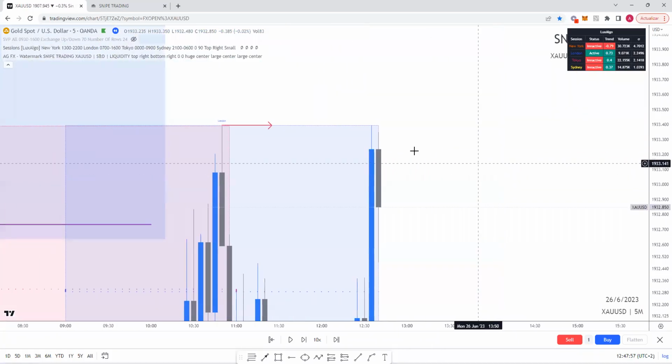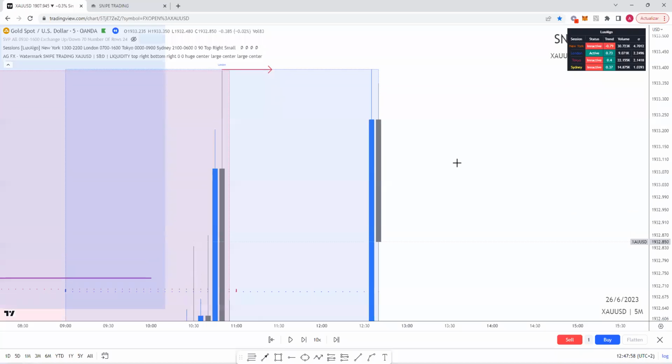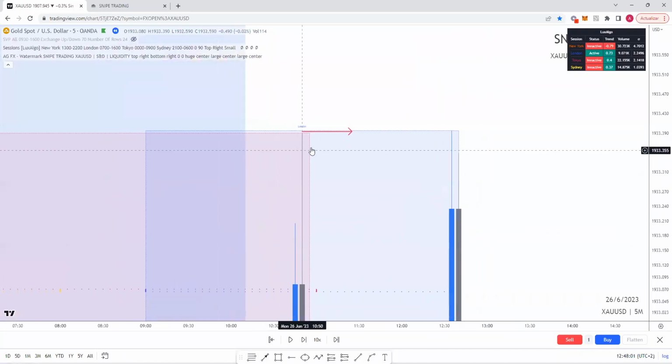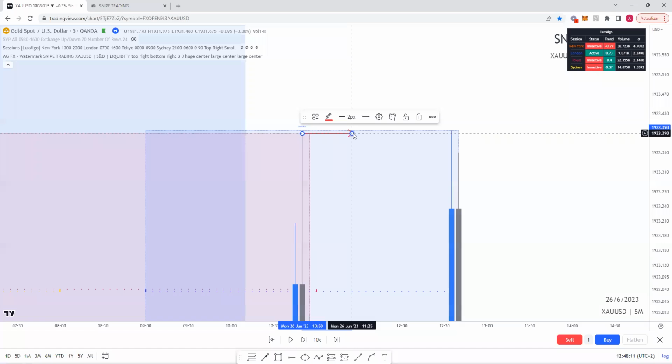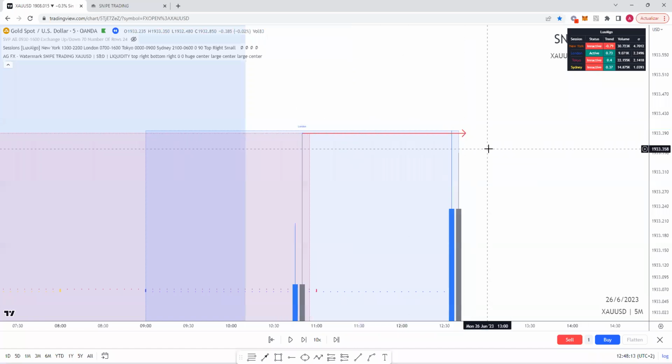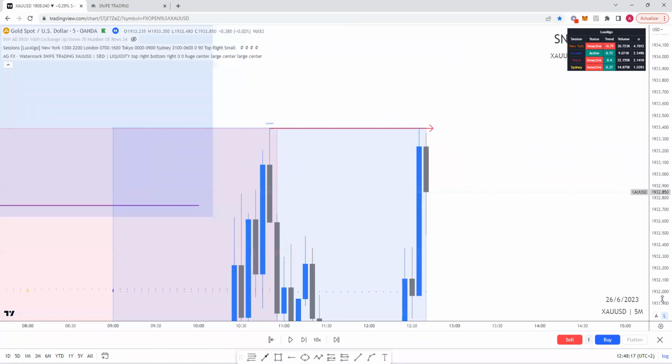Price took out by a fraction of a pip. If you see, the London is just a bit higher than Asia. Okay, so we did have session liquidity. Price did take out the session liquidity. Okay, this was the Asian high. If you look closely, price took it out by a fraction of a pip, so we did have session liquidity as well.